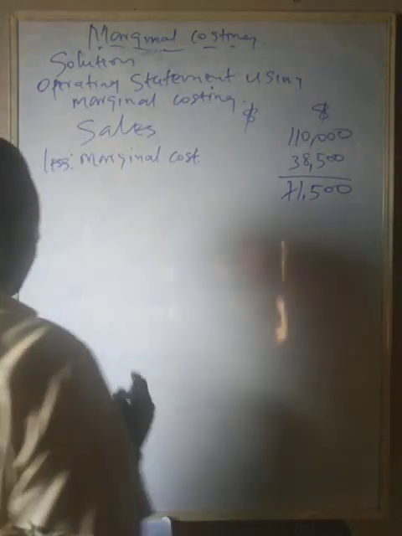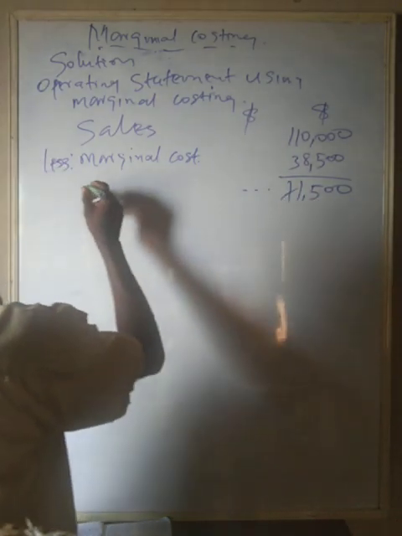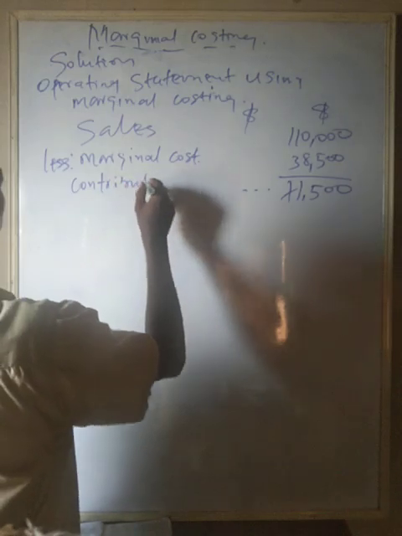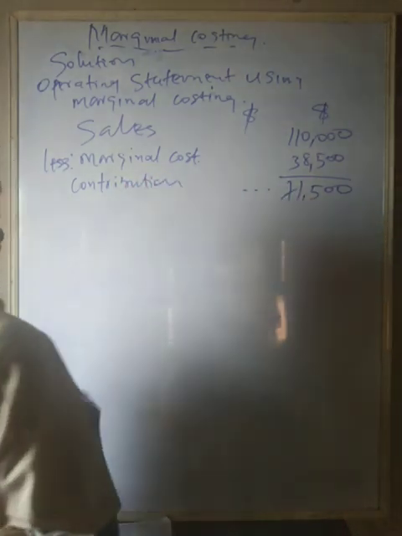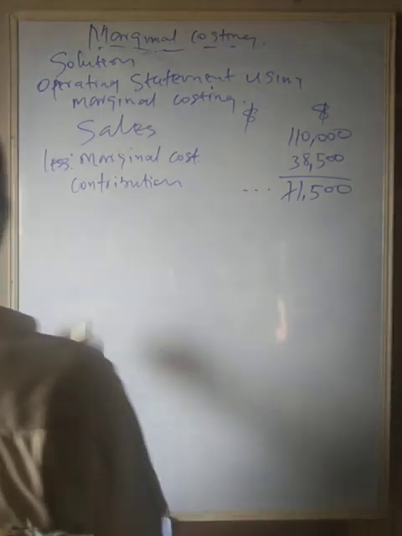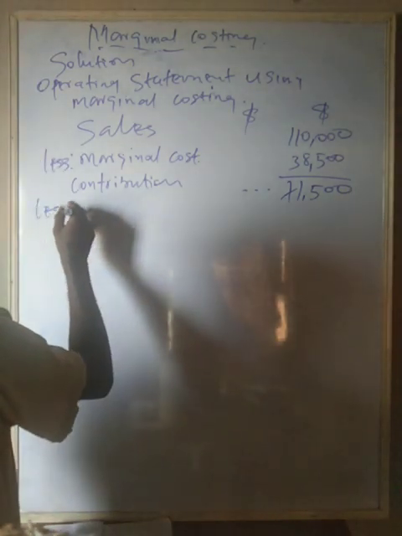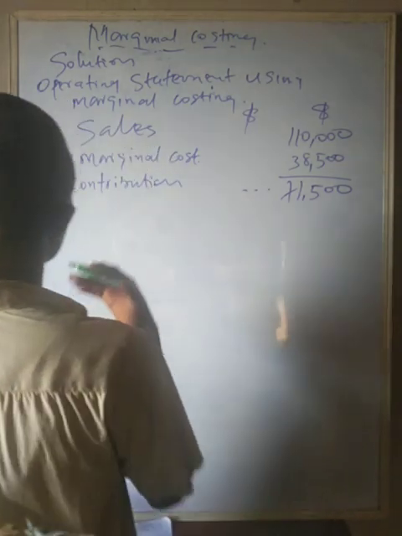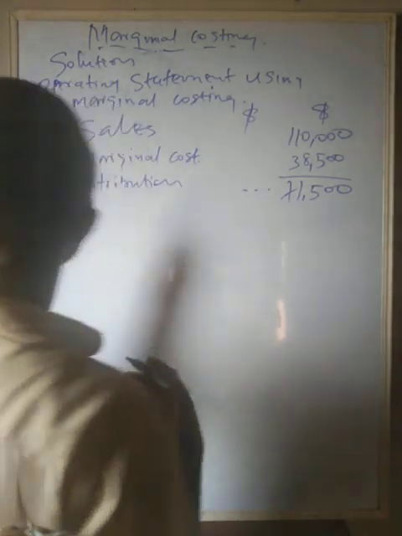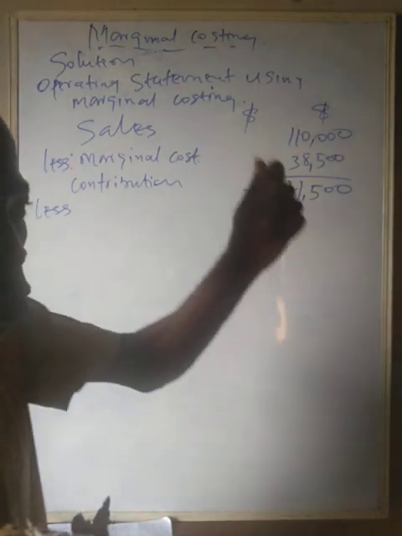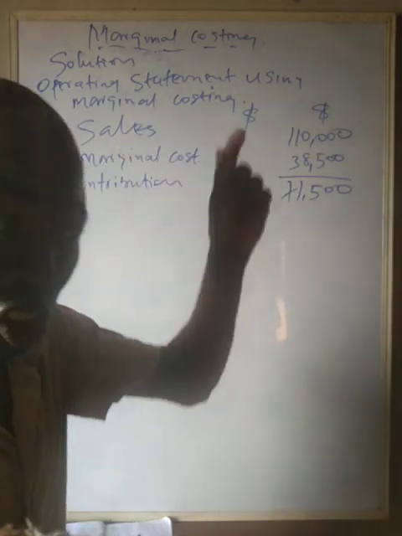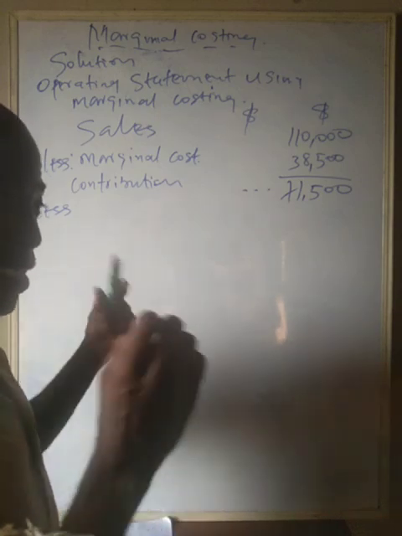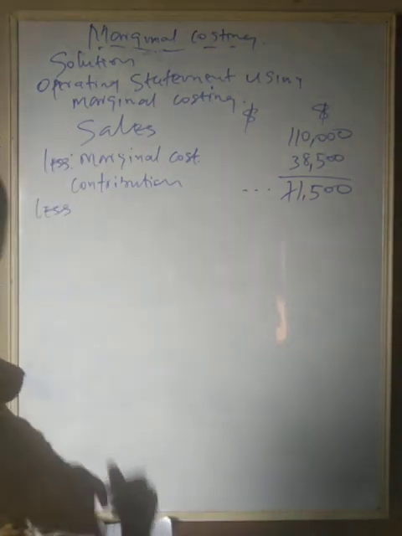Less the fixed cost. And what are the full fixed costs? The fixed production overhead, and the selling and distribution overheads.